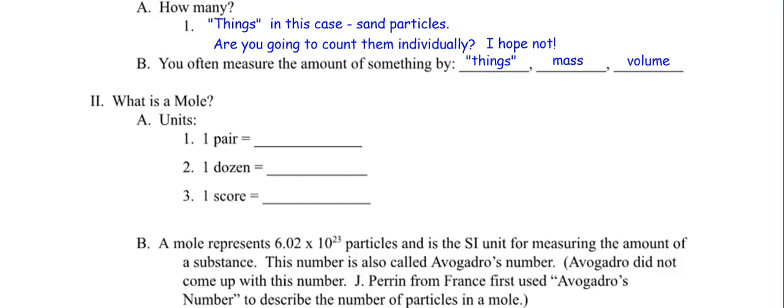So like a pair, you all know what a pair is. If I say you can have a pair of shoes, you have 2 shoes. I said you can have a dozen cookies, that's going to be yummy. You have 12 cookies. You might have heard about a score. Remember Lincoln's Gettysburg Address, four score and seven years ago, our fathers founded a nation. What was a score? Well, a score was 20.